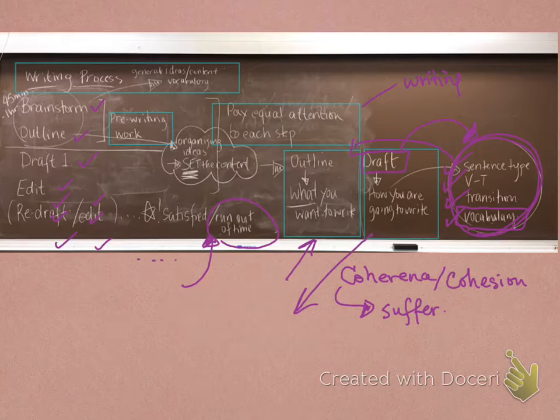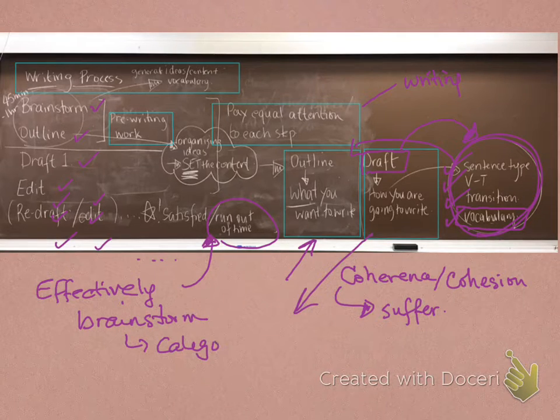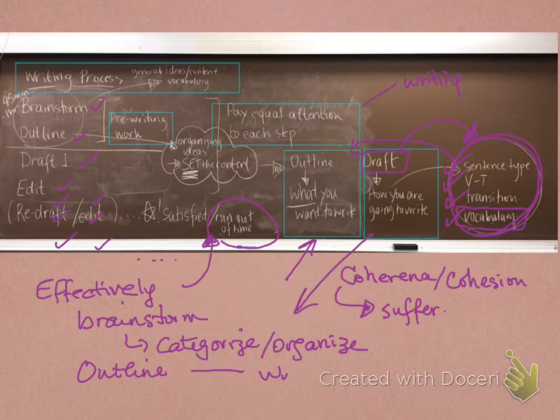And the way you do that is always by effectively taking the time to brainstorm, get lots of ideas on the page, okay, then work to categorize or organize your brainstorm, then write an effective outline so you know what you're going to say, and then you can start writing.